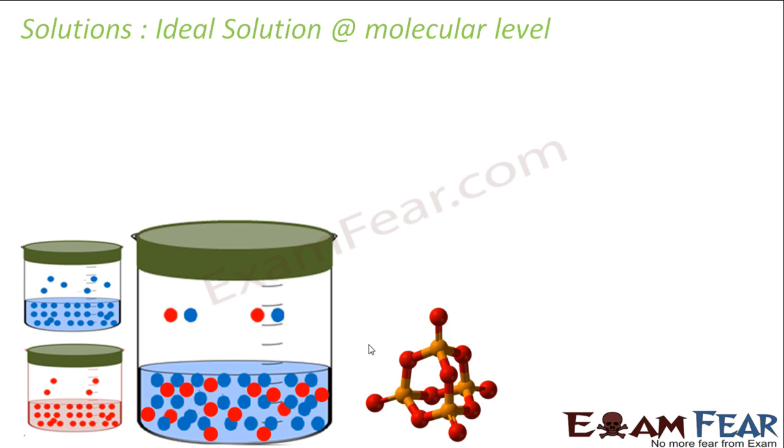Let's take two components and name them A and B. Let's assume this is component A and this is component B. In the pure form, there will be a force of attraction between these two A, and between these two B. Similarly here also there will be a force of attraction. So there is a force of attraction between AA and BB. That is the intermolecular force of attraction.